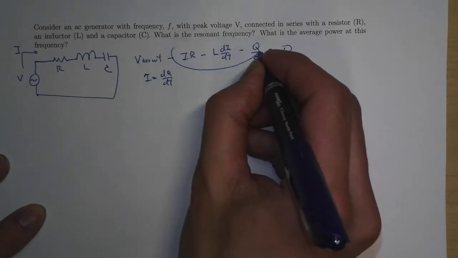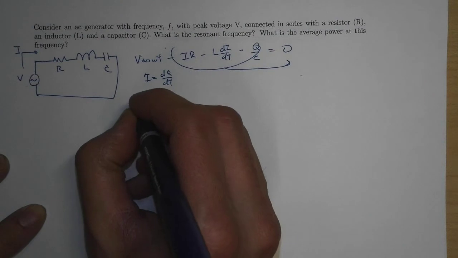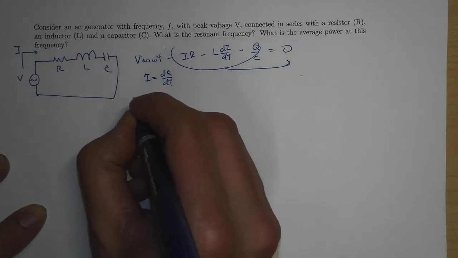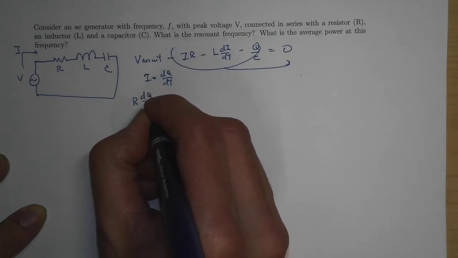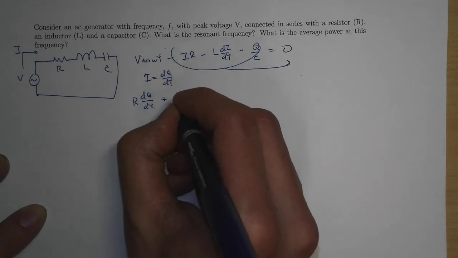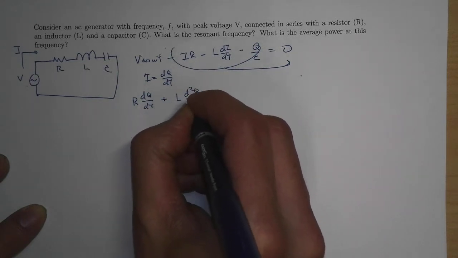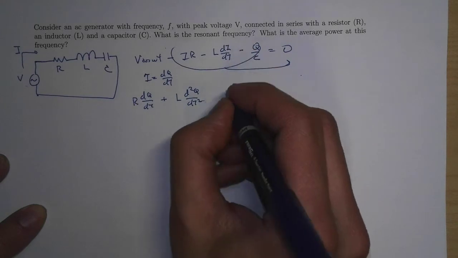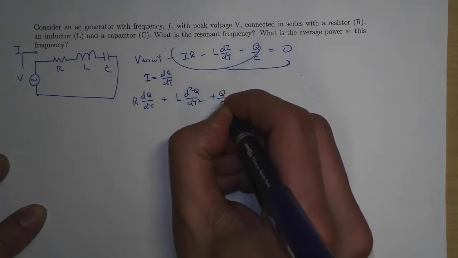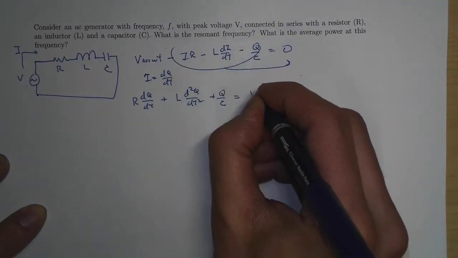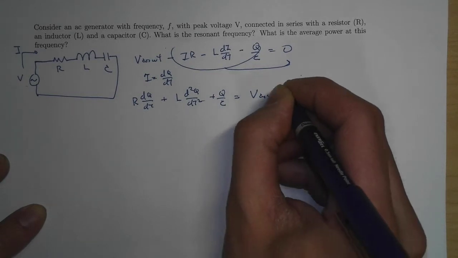Now let's move all this stuff to the other side. I get R dq/dt plus L d squared q/dt squared plus q over C is equal to V cosine of omega t.